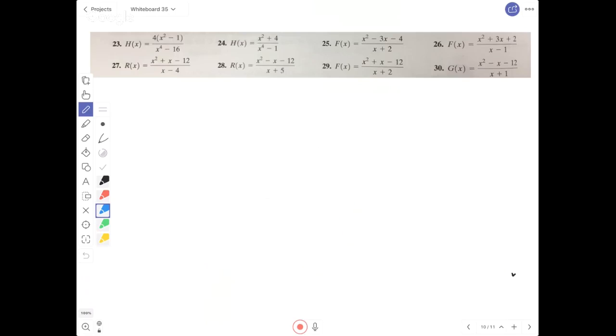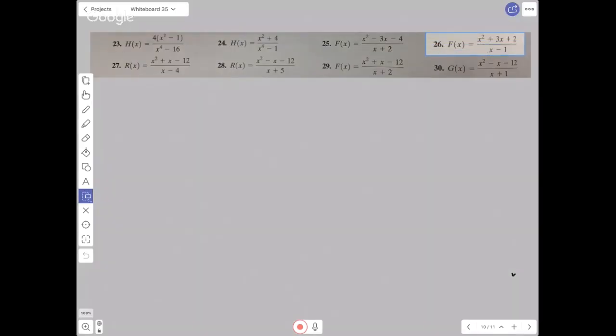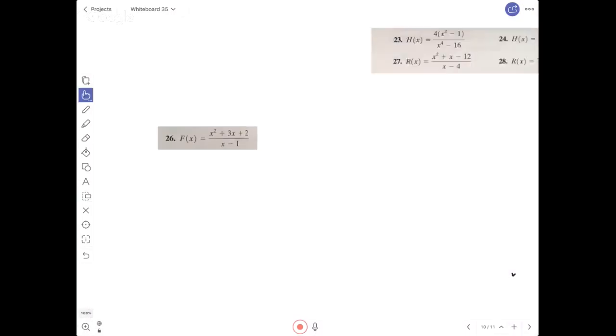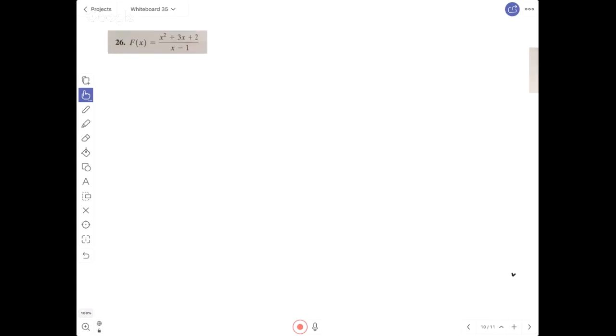I'm kind of liking, let's try 26. Okay, and the instructions here are, again, to use the 8 steps you learned to analyze the graph of a rational function. And again, we're going to do that by hand.